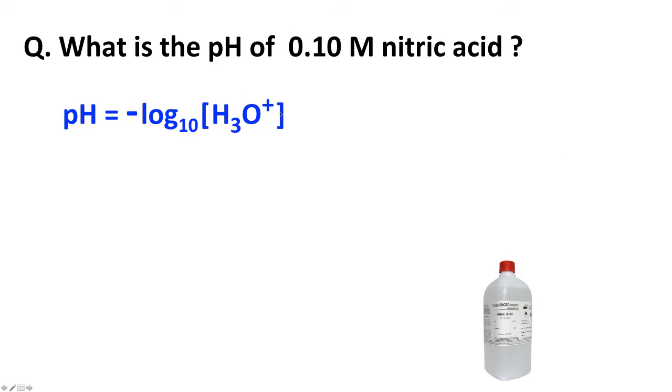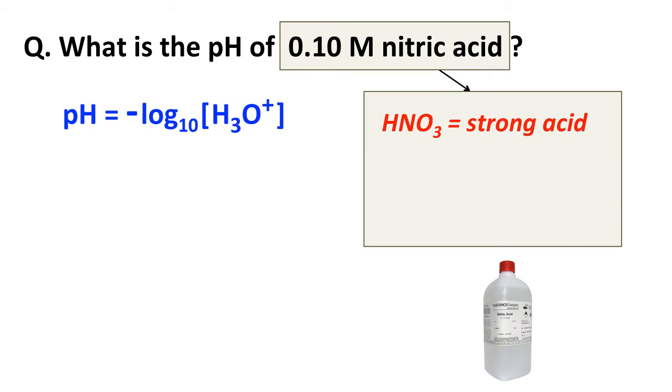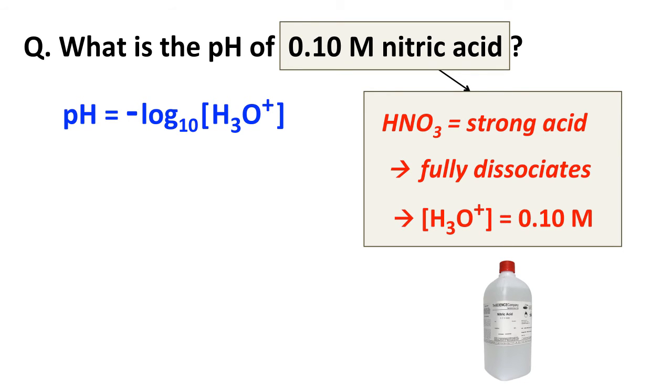We need the hydronium ion concentration. Now, in this case, since nitric acid is a strong acid, and since strong acids fully dissociate, then 0.1 molar HNO3 produces 0.1 molar H3O+, and now we can actually use this equation.